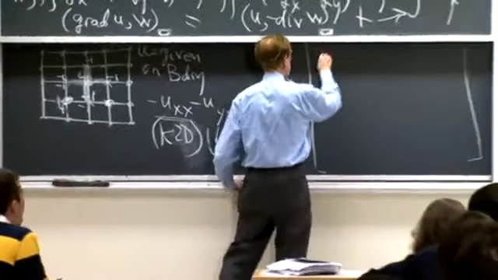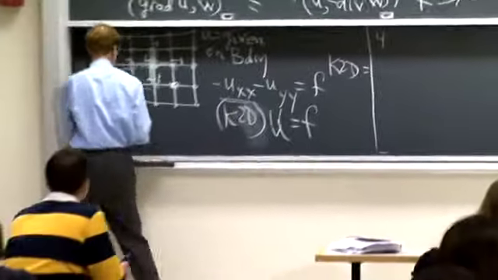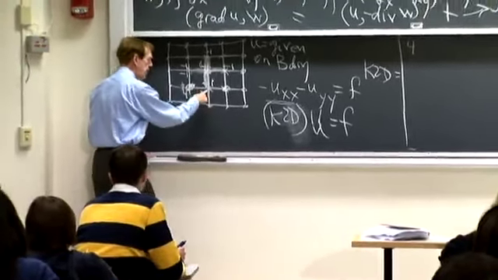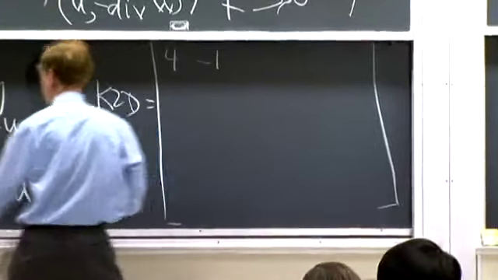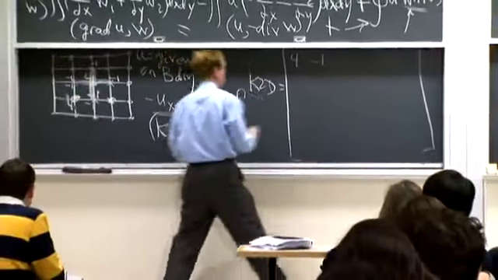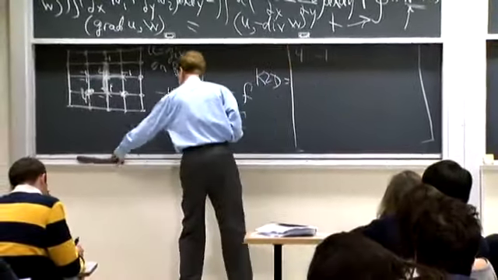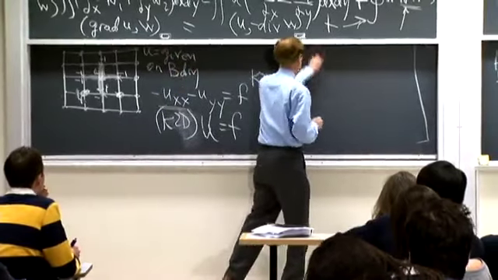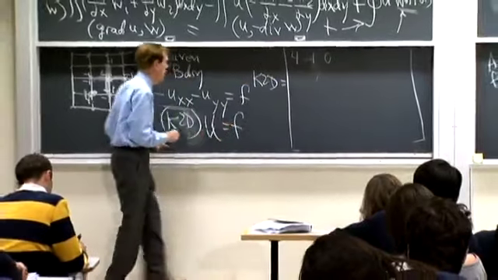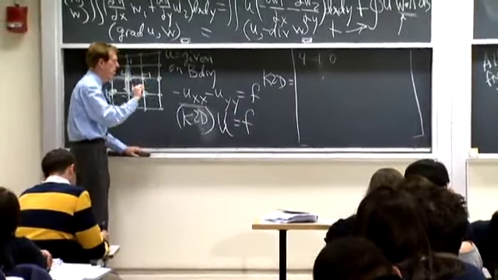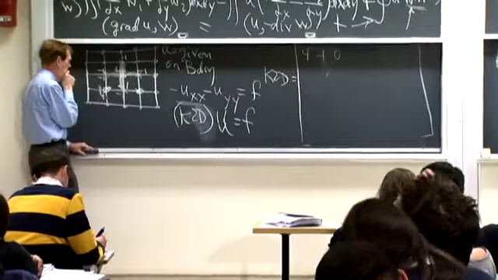And what's the rest of the row? Well, there's the next point, and it has a -1. And then this point is not connected to that, so it's a 0. I better leave room for 9 by 9 here. 4, -1, 0.